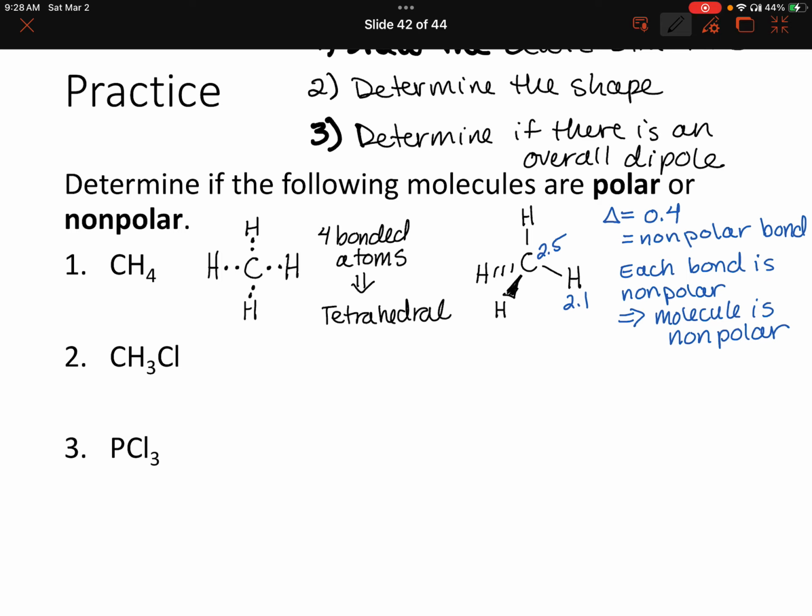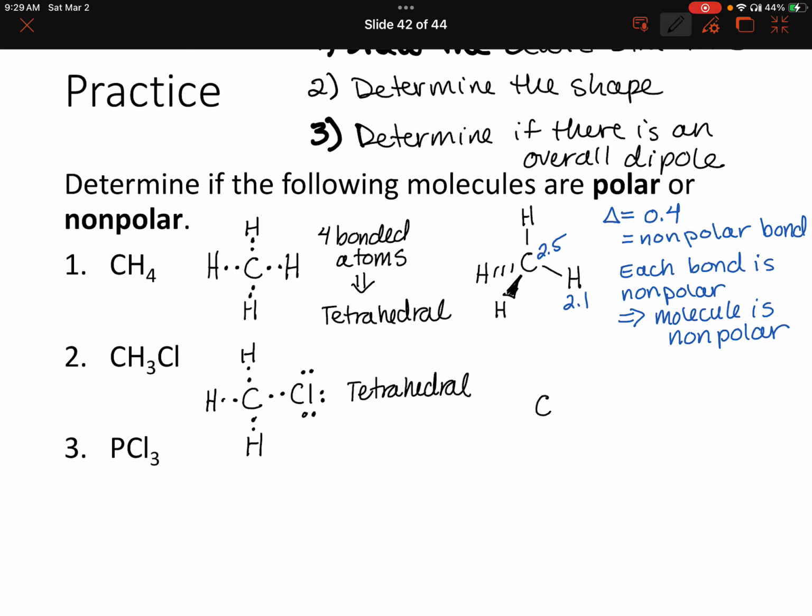Okay, so carbon again will go in the middle. It makes the most bonds, and it has 4 valence electrons. And then 3 of its bonds are to hydrogen, and 1 of its bonds is to chlorine, which has 7 valence electrons. All right, so again, carbon has 4 bonded atoms, so this will also be tetrahedral.